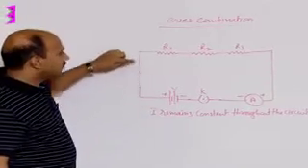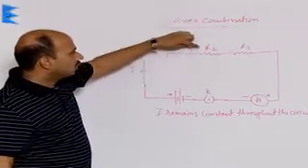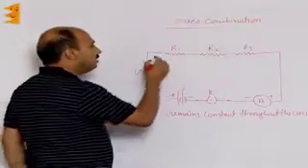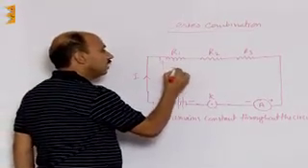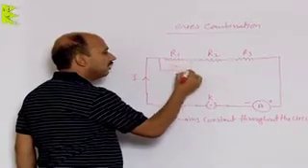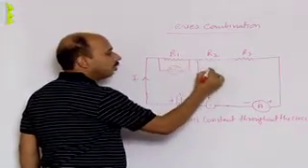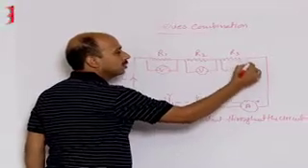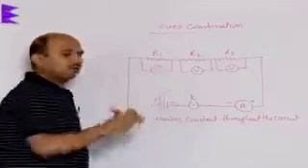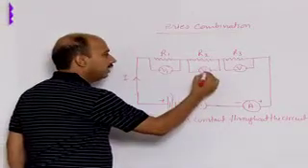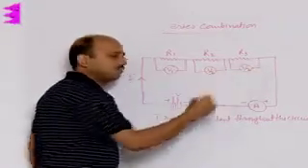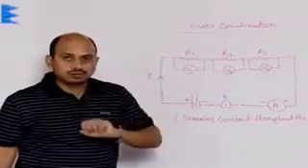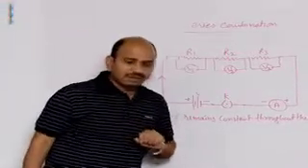So, I is same for the R1, R2 and R3, but potential difference across these, if you connect here the voltmeter, you will find all these voltmeters will show different readings. So, first one we can name is V1, V2 and V3. As we have done Ohm's law, V is directly proportional to I and V is equal to RI.